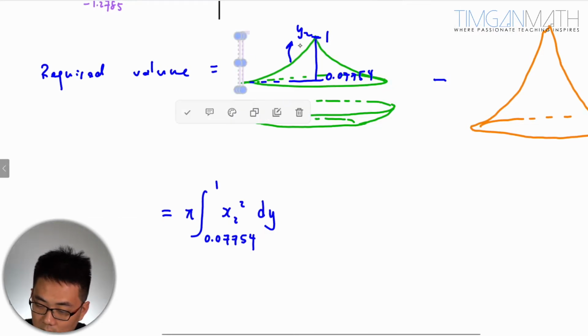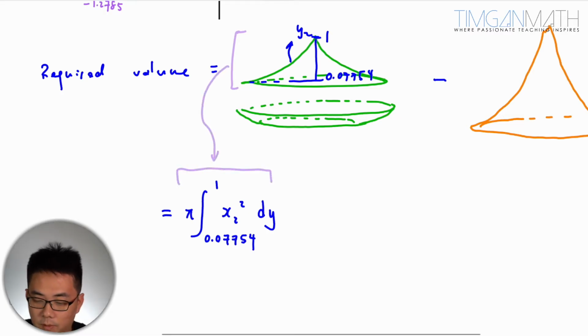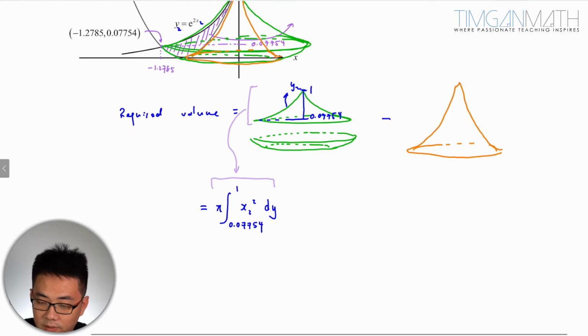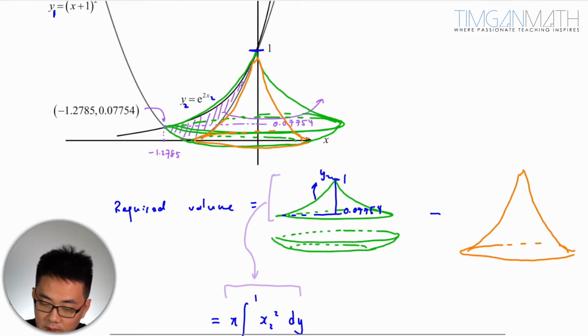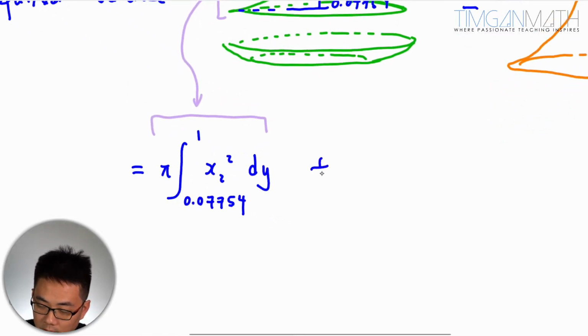This over here would be this volume here. Then we're going to take the bottom volume. The bottom volume would then be using this curve here. This is x1. So we're just going to add pi x1 square dy.